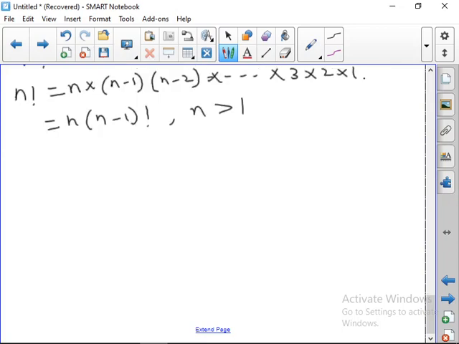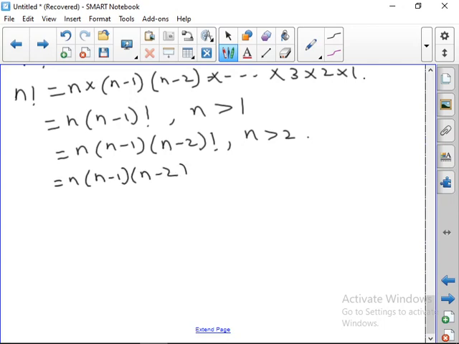So when n is greater than 1, we can write n factorial as n into n minus 1 factorial, and we can also write it as n into n minus 1 into n minus 2 factorial for n greater than 2, and n into n minus 1 into n minus 2 into n minus 3 factorial for n greater than 3, and it goes on like that. So remember, this is very important. n factorial can be written as n into n minus 1 factorial.